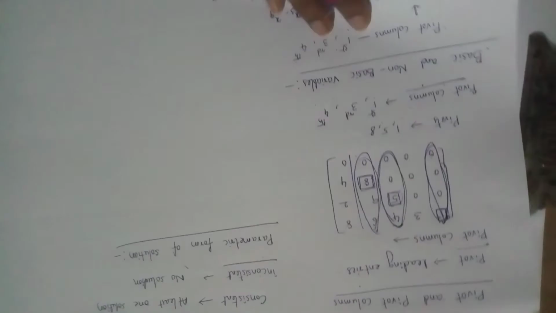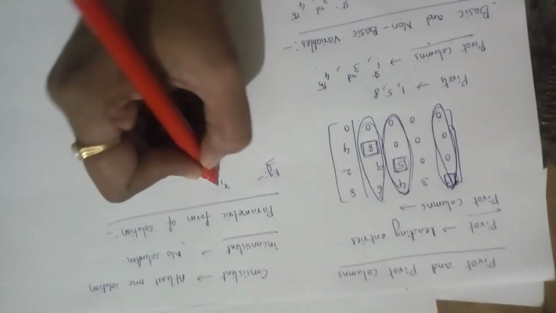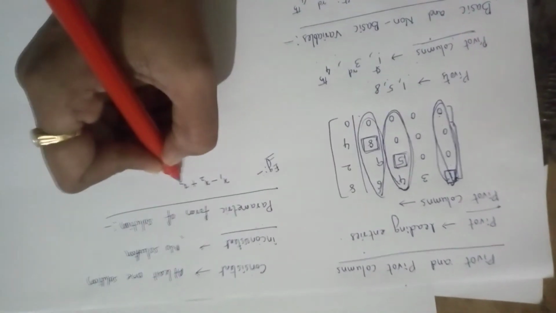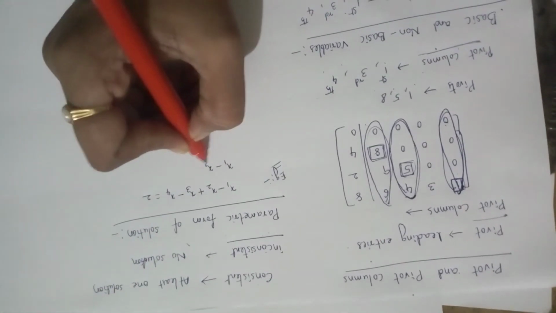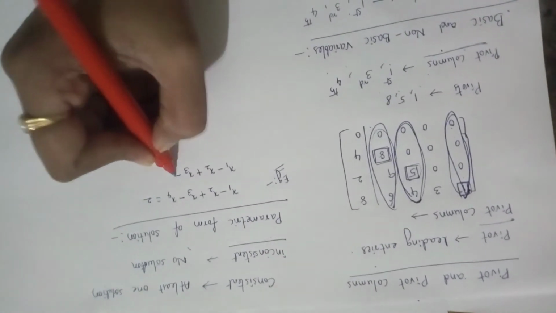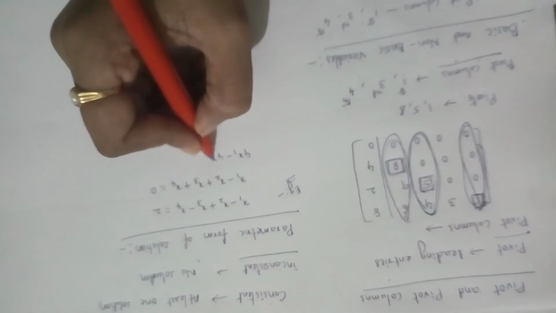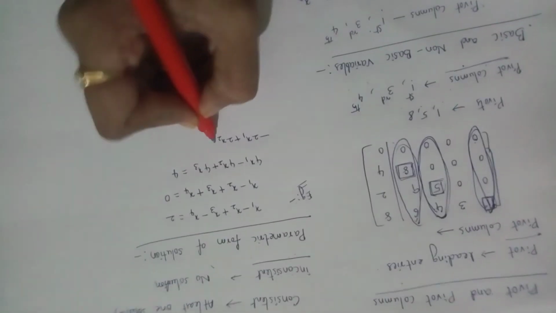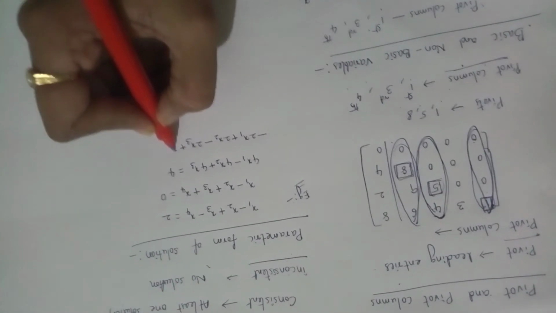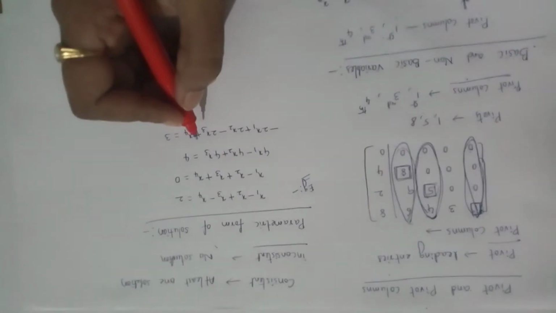I am taking one example: x1 minus x2 plus x3 minus x4 is equal to 2, and x1 minus x2 plus x3 plus x4 is equal to 0, and 4x1 minus 4x2 plus 4x3 is equal to 4, and minus 2x1 plus 2x2 minus 2x3 plus x4 is equal to 3. This is the given system of equations. Now we have to find the parametric form of solution.